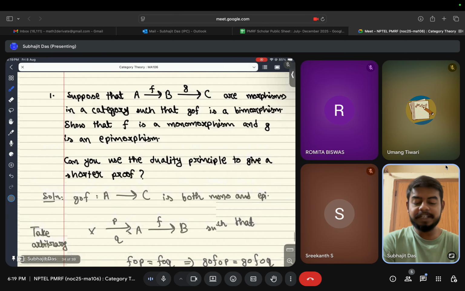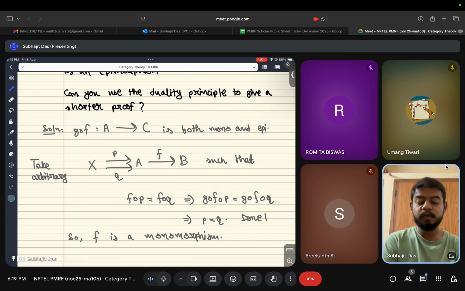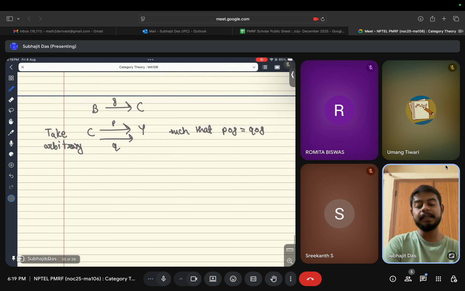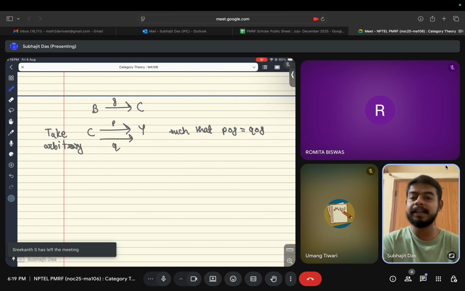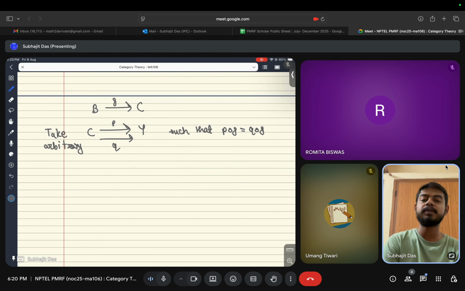So you already know that G composed F is an epimorphism. We want to show that G is an epimorphism. So what we need to show is that G is right cancelable. So for arbitrary arrows P and Q, whenever P compose G is Q compose G, we have P is equal to Q. So what do we need to do?